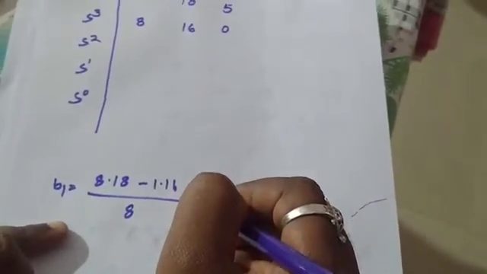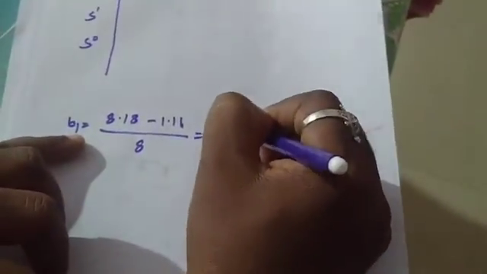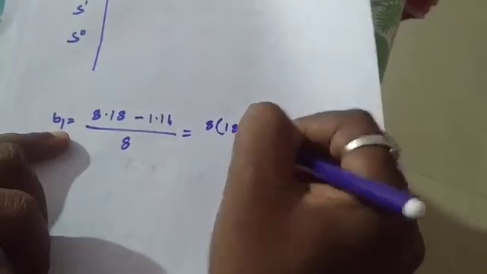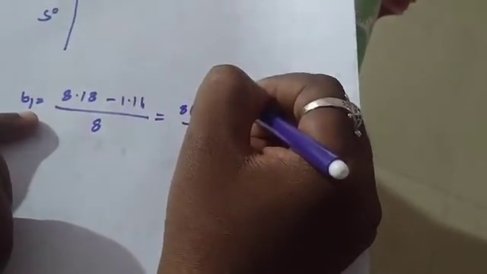Here 8 is common, so I will take 8 outside. 8 into 18 minus 16 is remaining, divided by 8.